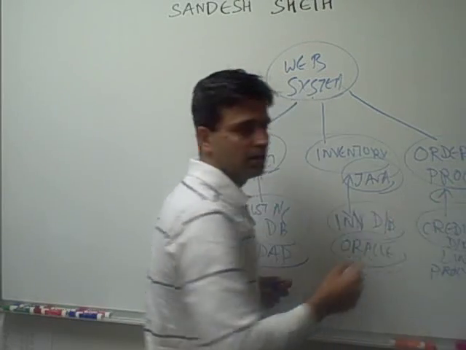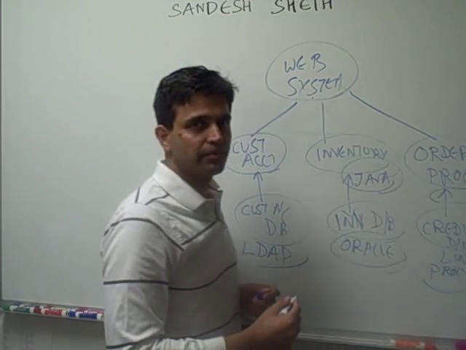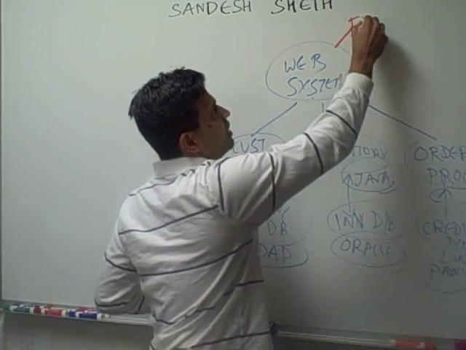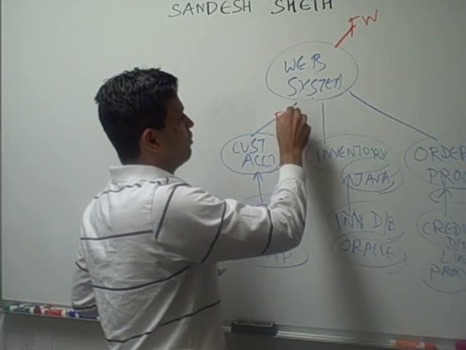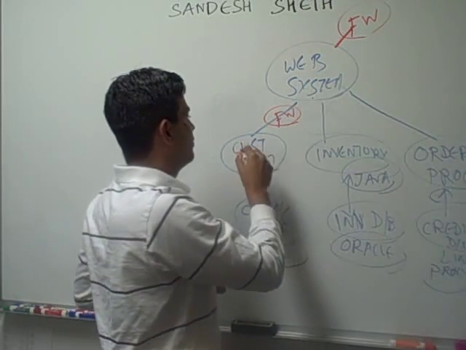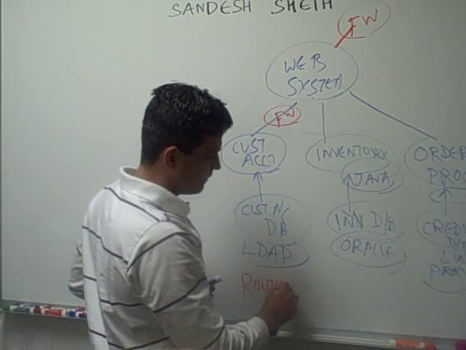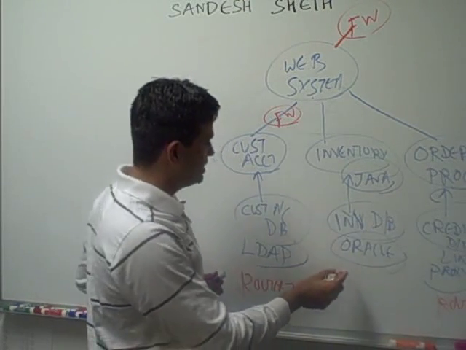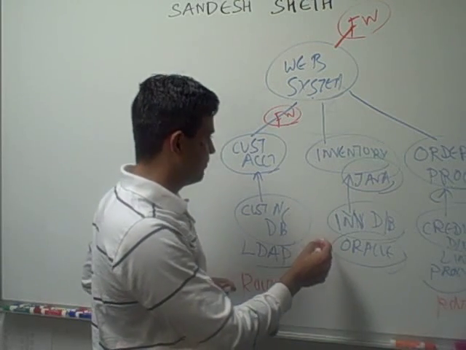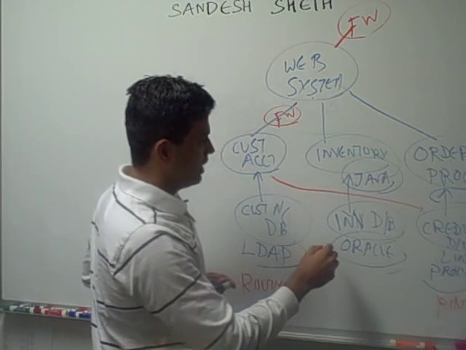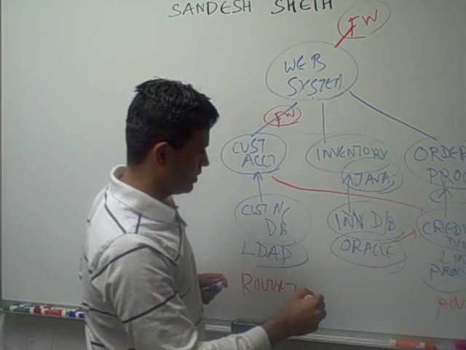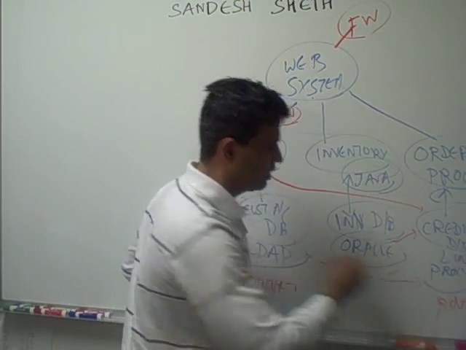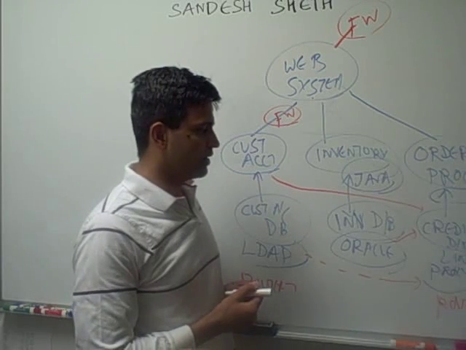For order processing, there would be the application server, and then we have the proxy. The web system would be between a DMZ. So we would have a firewall on that side, a firewall on this side, and then we would have routers, and then we have linkages between the various systems. So we have the customer account being fed over here, and this going over here, and then we have the LDAP also of the organization going for the credit card authentication.